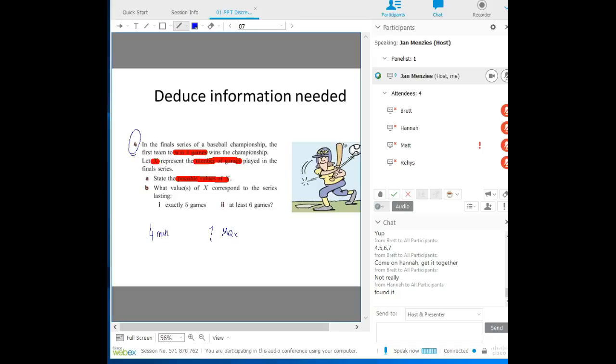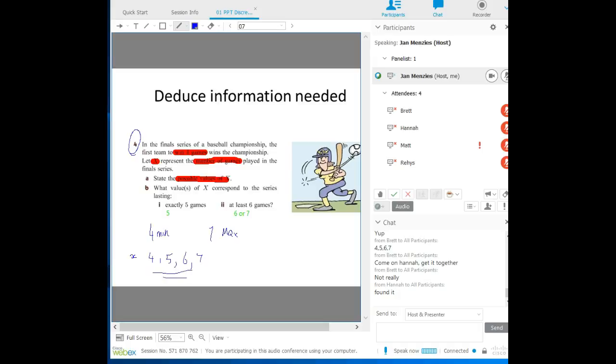So the variable was defined as the number of games needed to win. So just like Brett has said, the capital X and the little x is the outcome. So the outcomes, just like Brett said, is 4 games, 5 games, or 6 games, or 7 games. And you can't have 2 winners, so potentially with 8 games, you'd have 2 teams that had won 4 games.